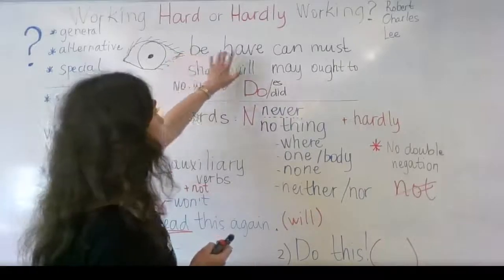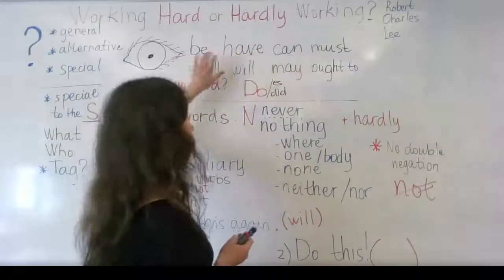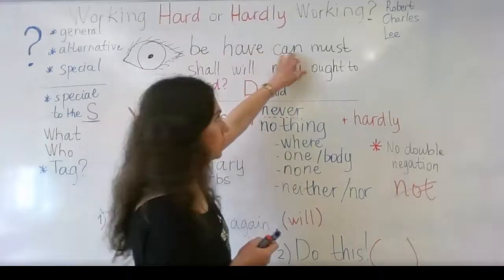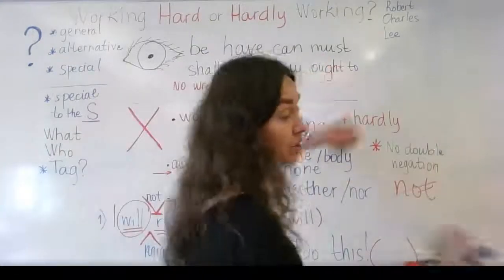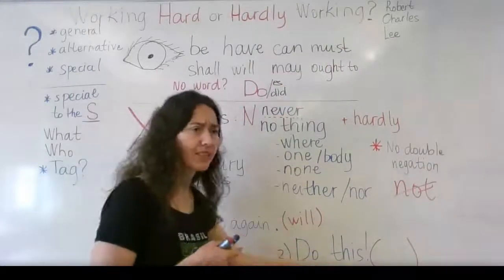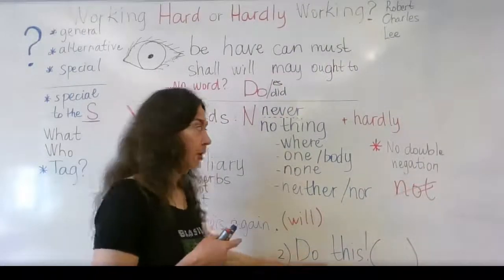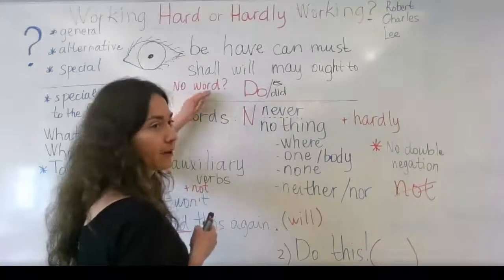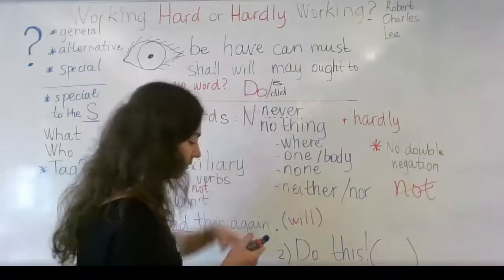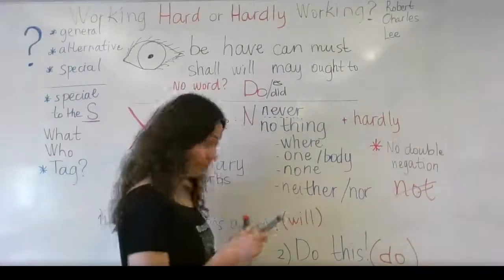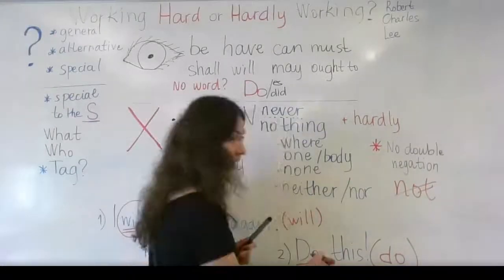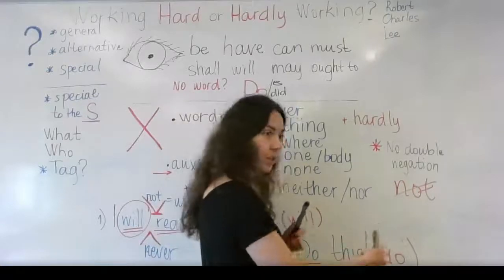Am, is, are, have, has, was, were. We can have had, can, could, must, shall, should, will, would, may, might, ought to. Do you have any of these words here? No. So what do you need to do? The word do. So now you see, you have the verb do, and we have an auxiliary verb, which is do.